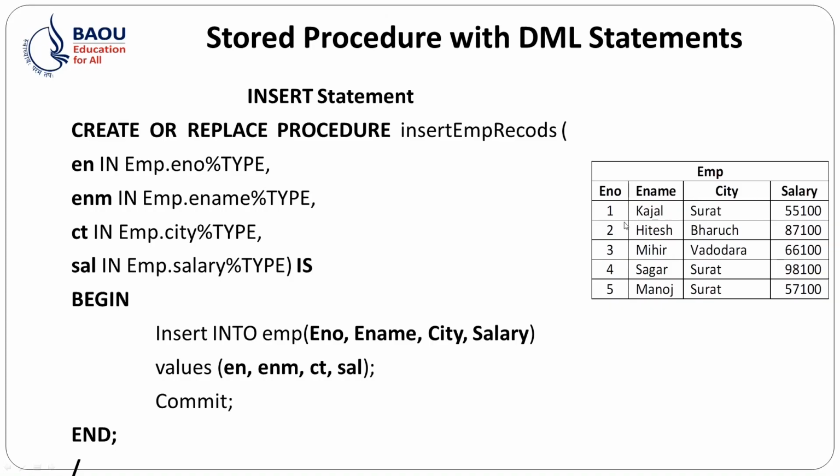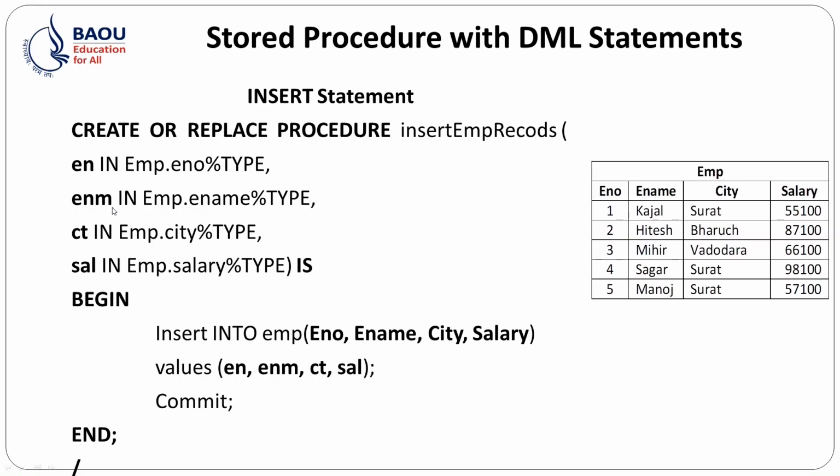EN is defined as an employee number in IN mode, which accepts the value. This variable accepts the value from outside, and employee.employee number means the employee table's employee number column, whose data type and size are assigned to this variable.